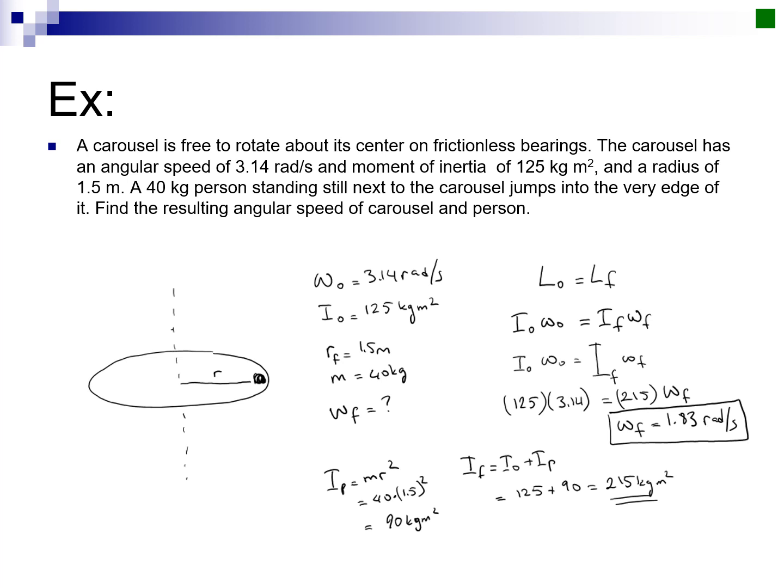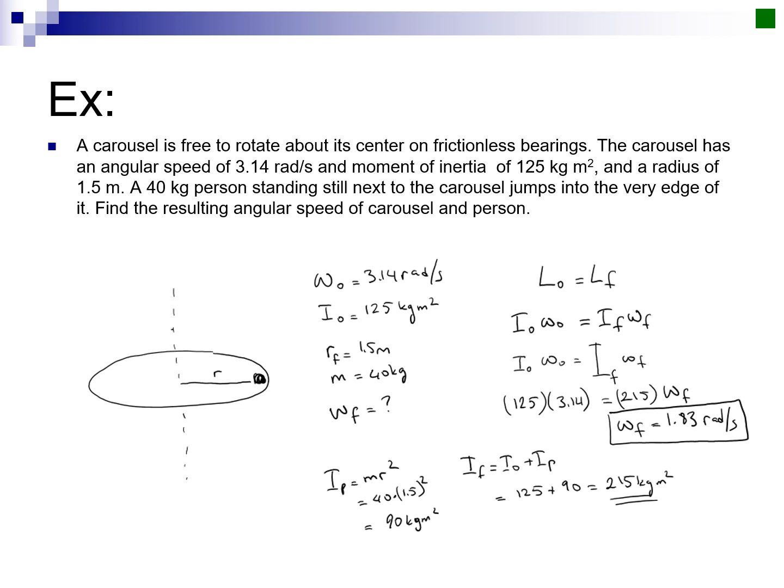In this example, we have a carousel free to rotate about its center on frictionless bearings, so there are no outside forces acting, and it rotates about its axis. The angular speed originally is 3.14 radians per second, and the original moment of inertia is 125 kilogram meter squared.